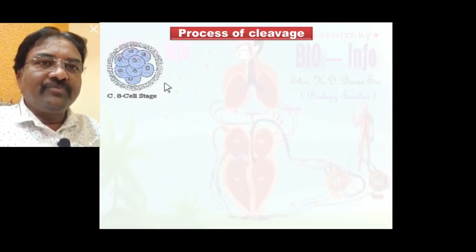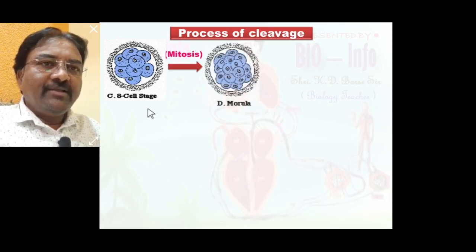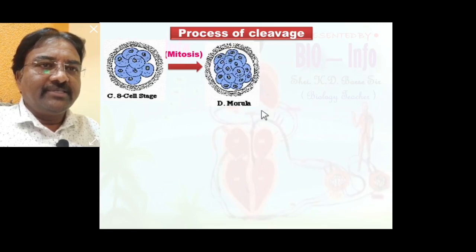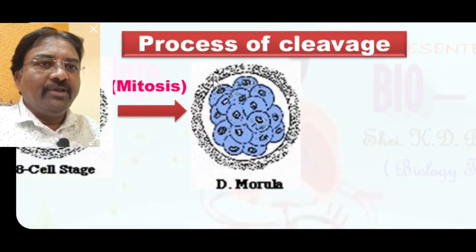The 8 cell cleavage stage undergoes mitosis to form the 16 cell cleavage stage, then the 32 cell cleavage stage, and this cleavage stage is called the morula. The morula is a ball-like multicellular structure.